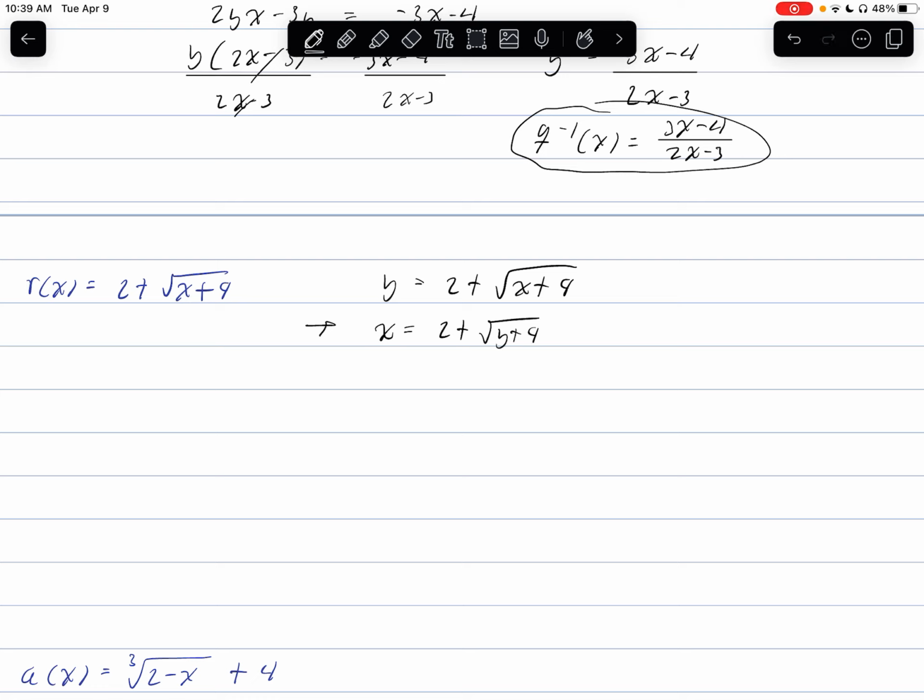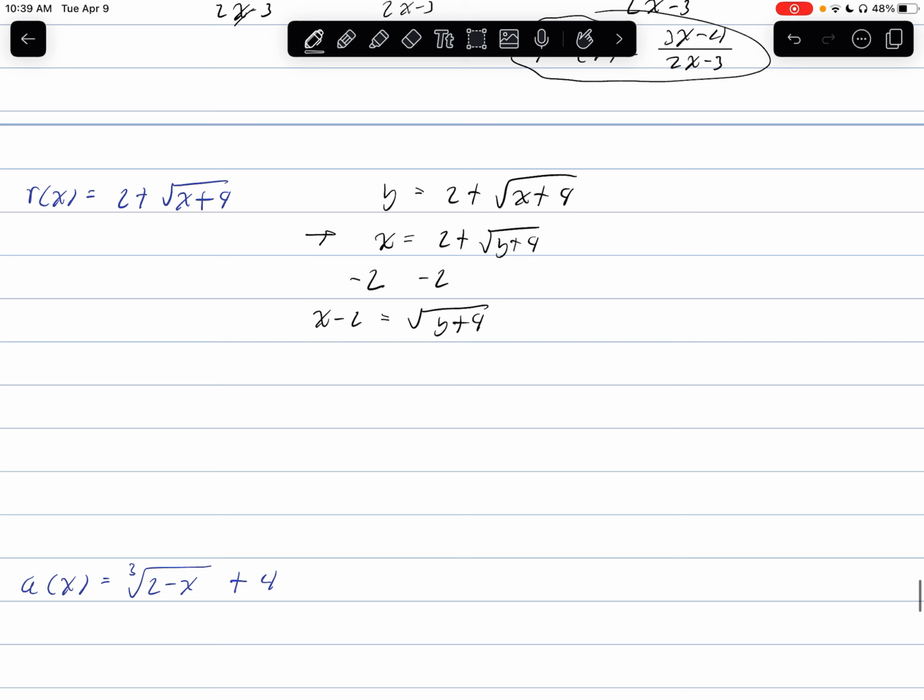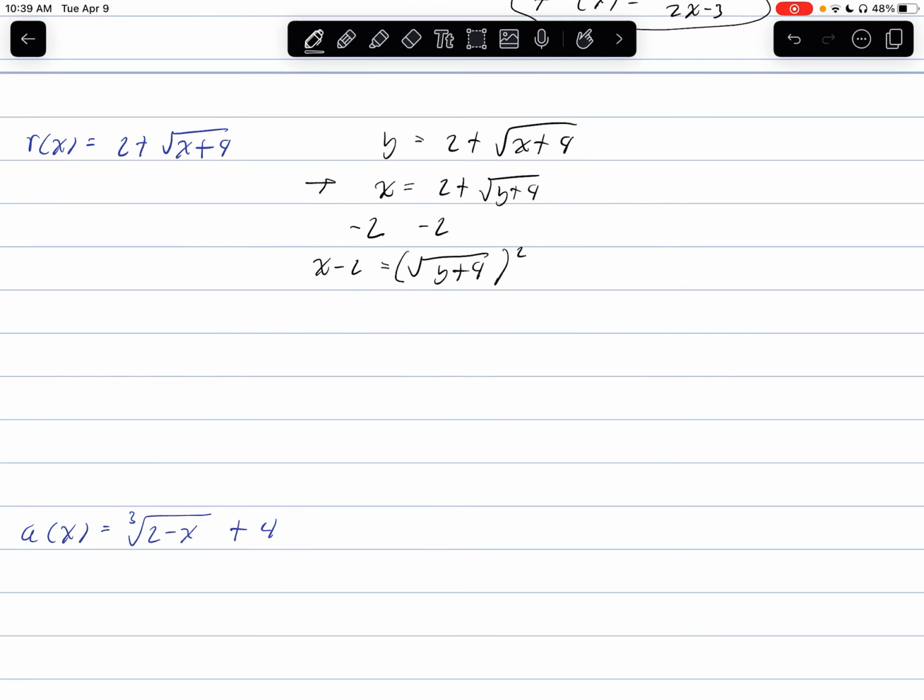Okay. And then from here, we can take 2 away from both sides. So we have x minus 2 is equal to the square root of y plus 9. And now what we can do is we can square both sides. So x minus 2 squared, if we write this out as x minus 2 times x minus 2, is equal to the square root of y plus 9 squared.